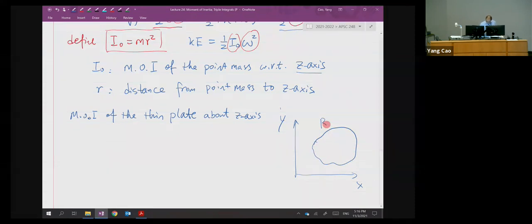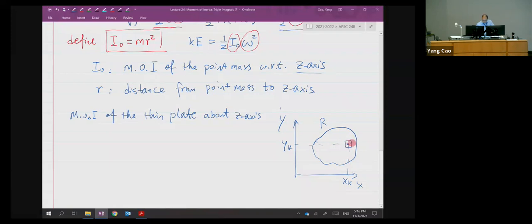Let's start simple, from one single location. Let's pick a location, this location xk, yk, within the region R. Then I take a very, very small patch around this location xk, yk.